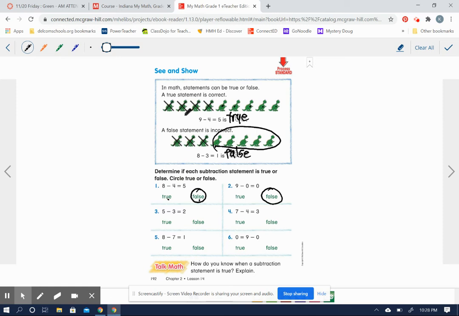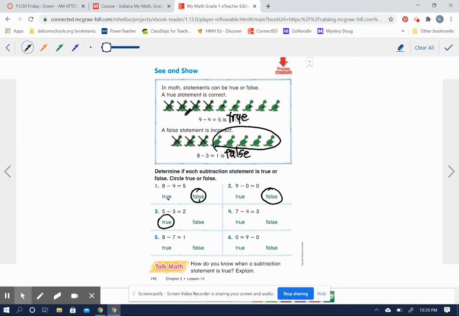Okay, let's look at number 3. 5 minus 3 equals 2. Is that true or false? Okay, I hope you said true. Because if I do the related addition sentence, kind of do the reverse operation, 2 plus 3 does equal 5.